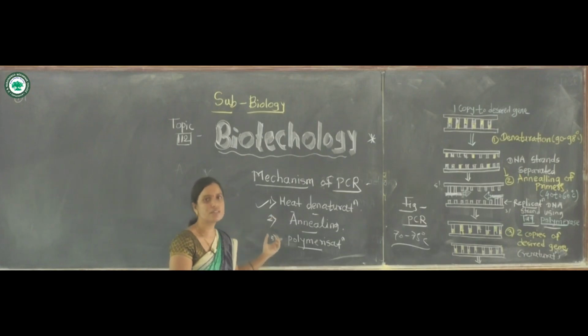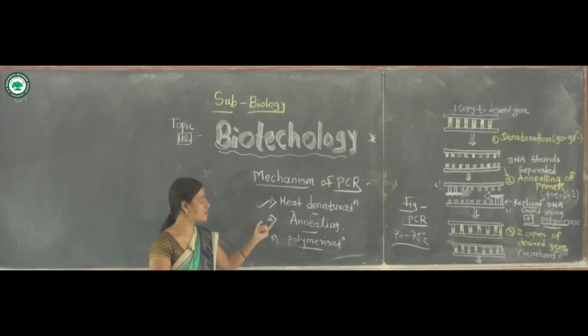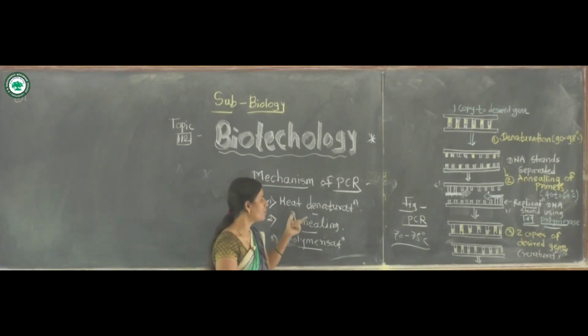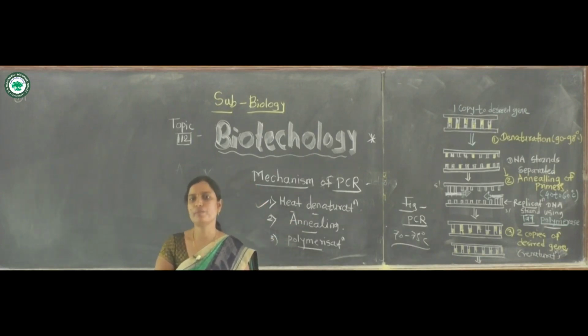These are the three steps of the PCR machine. For the mechanism of PCR, there are three steps: one is heat denaturation, second is annealing, and third is polymerization.